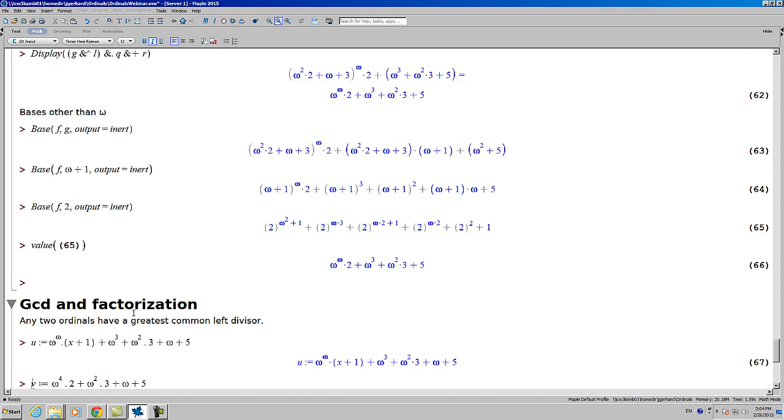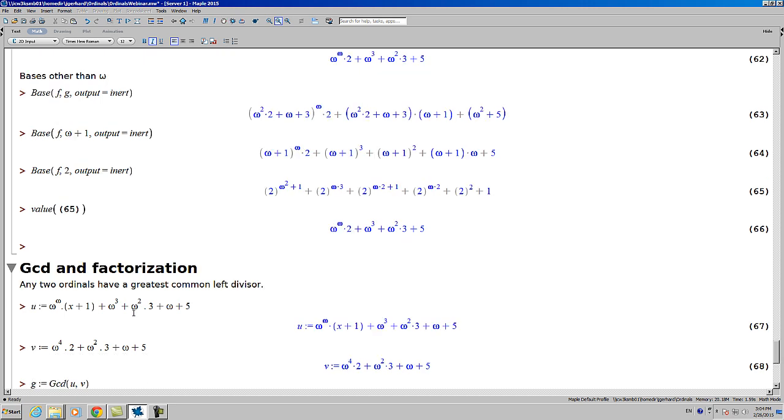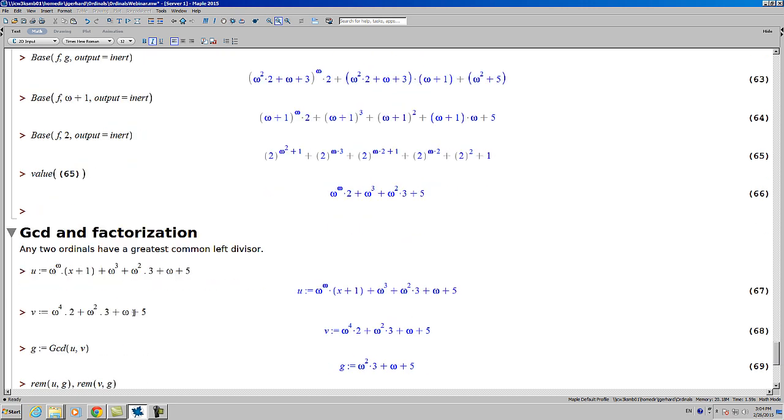So let's consider those two ordinals, u and v, and let's compute what their GCD is. If you look at it, the GCD basically consists of the common rightmost terms of the two input polynomials. But first of all, let's verify that it is actually a GCD.